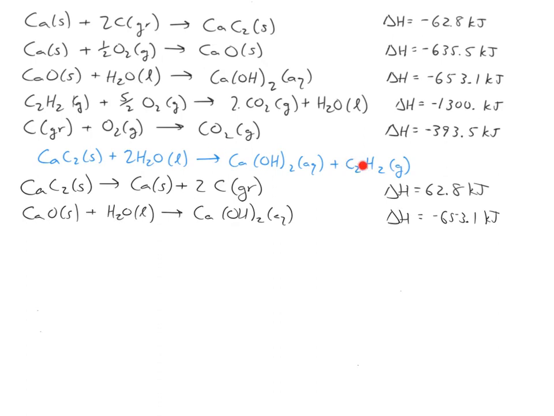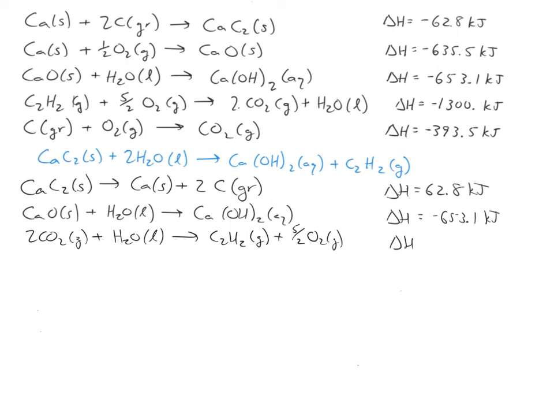Okay, C2H2 gas. All right, looking through here, C2H2 gas is right there. I need one as a product. This one has one as a reactant, so I've got to flip the fourth reaction over. So I get 2 CO2 gas plus H2O liquid produces C2H2 gas plus 5/2 O2 gas.